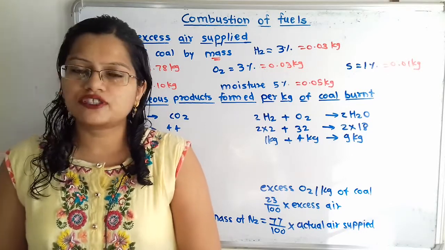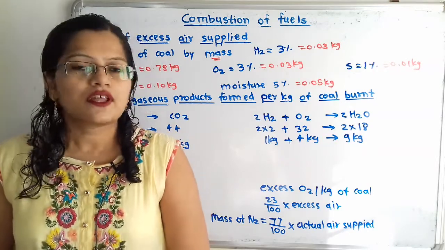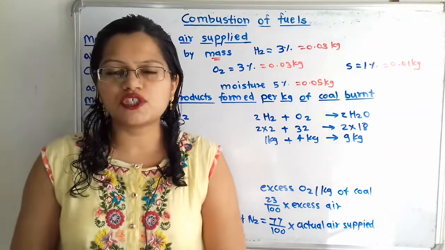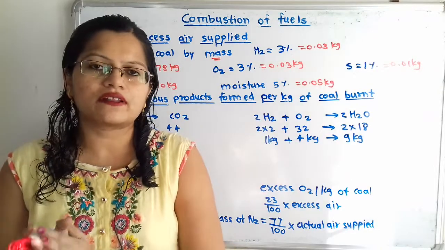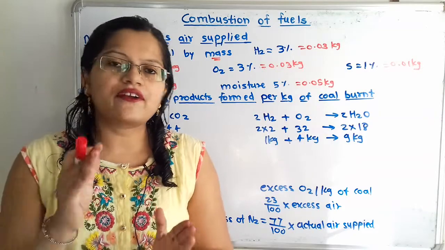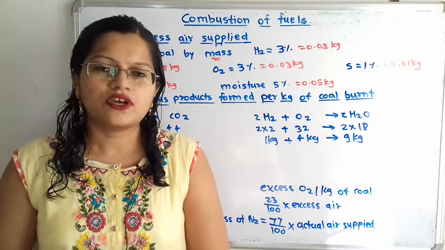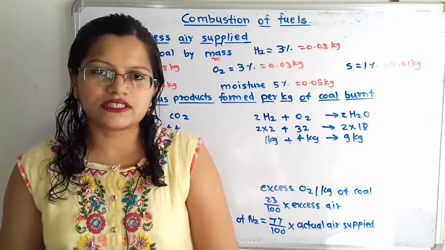For the combustion process, an amount of air is supplied. For this question, the total amount of air is equal to the minimum or theoretical air required for combustion plus the excess air supplied. So we have to consider all these things.